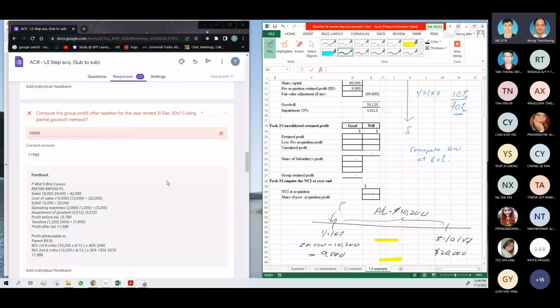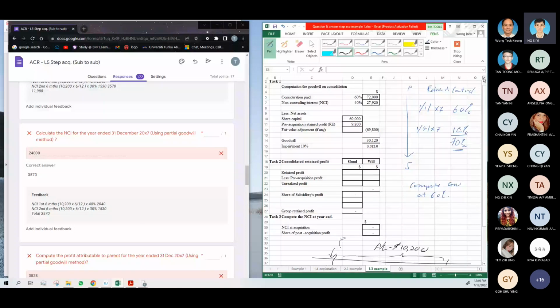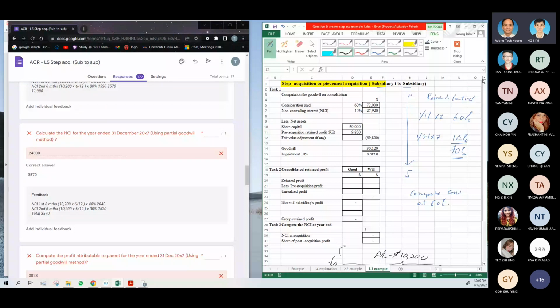Okay, basically he's missed the difference here because of the impairment of goodwill. The 3012, you have to charge to P&L. These are expenses. For the NCI, you must be careful because of how it is given here. Let me draw the chart in red. From 1st January X7 to 30th June X7, the parent bought 60%, so NCI is 40%.